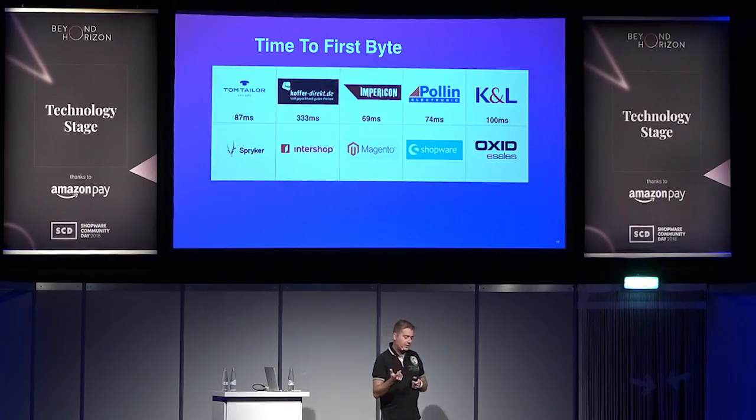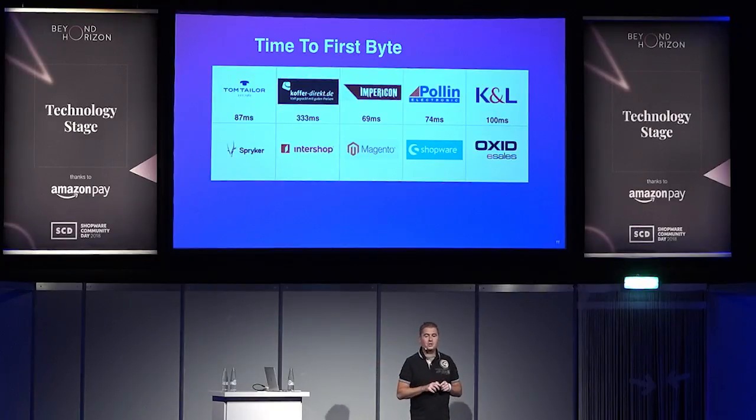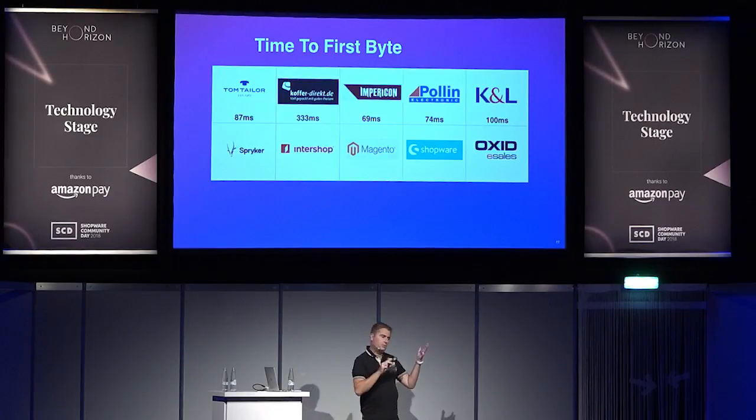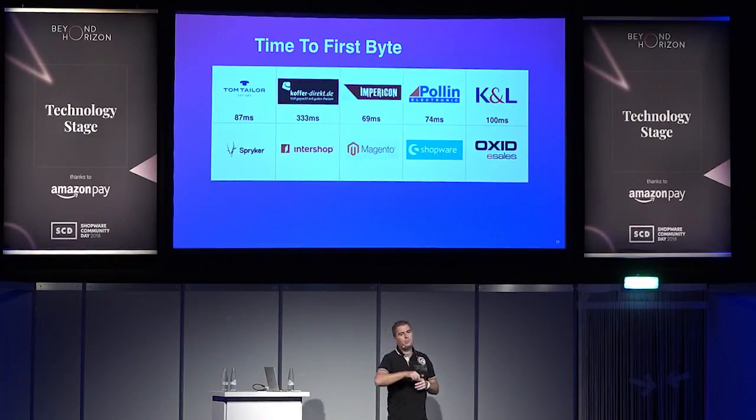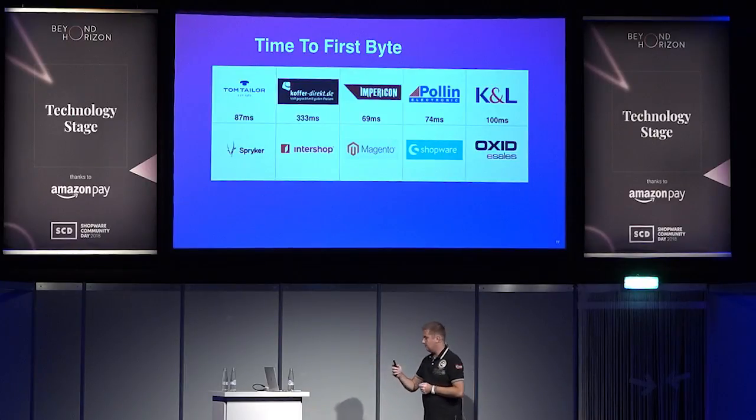And what I found out is that the demo shop installations are all just the same in terms of site speed. So we start with, I don't know, maybe 300 milliseconds or so, and then we start adding features. And the more features we add, the slower the site gets. So the performance does not depend on which technology you use, but how you use it.